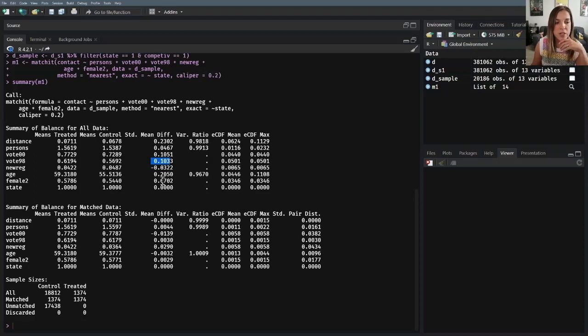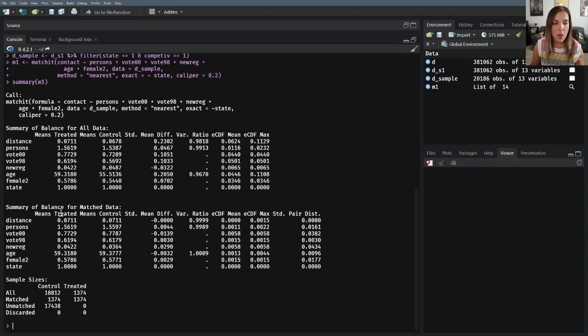Okay, so they're unbalanced, not terribly unbalanced, but they do not look great. But after I match, as you can see, now all of those standardized differences actually reduce substantially. They're all very close to zero.